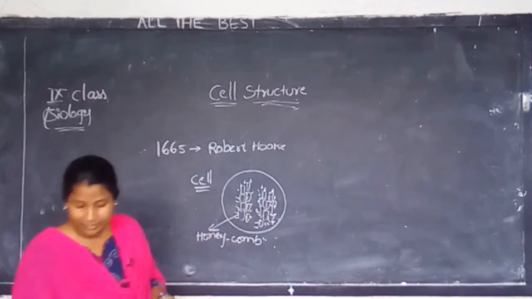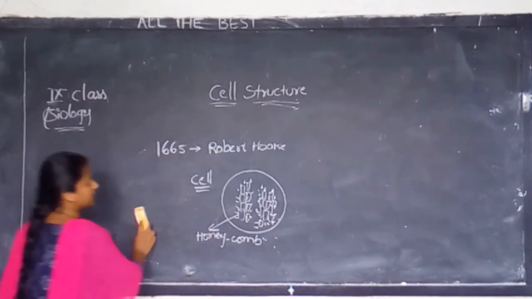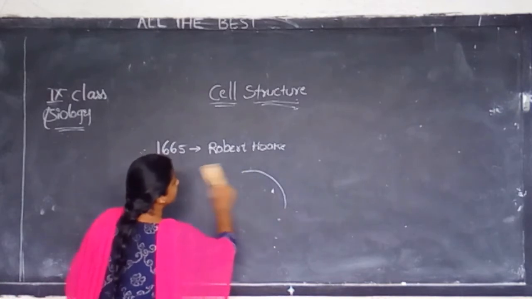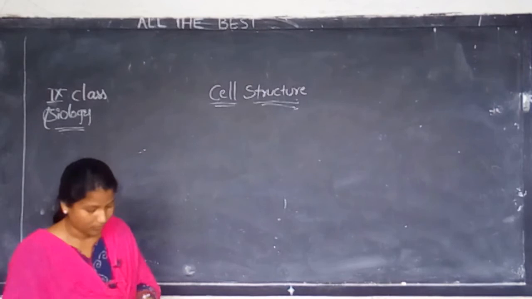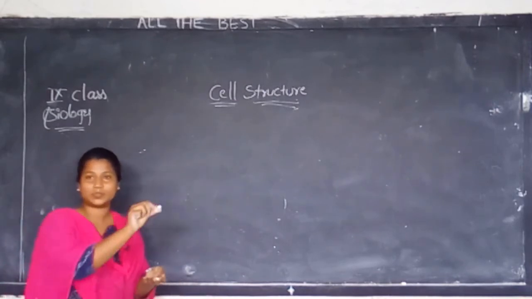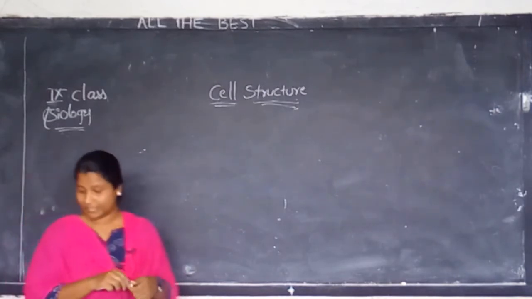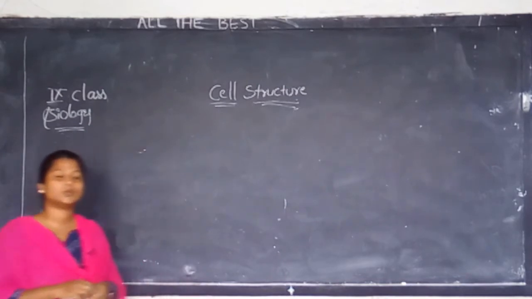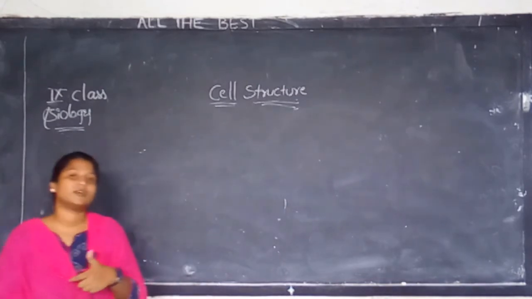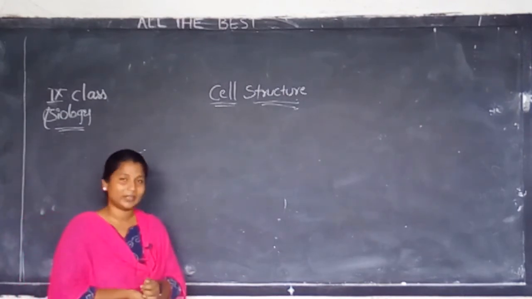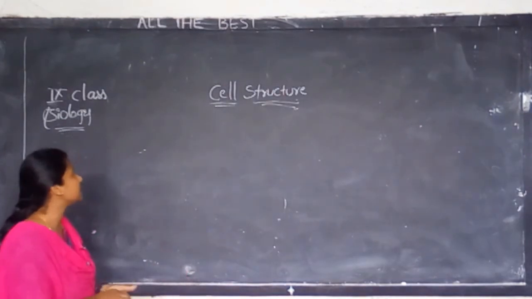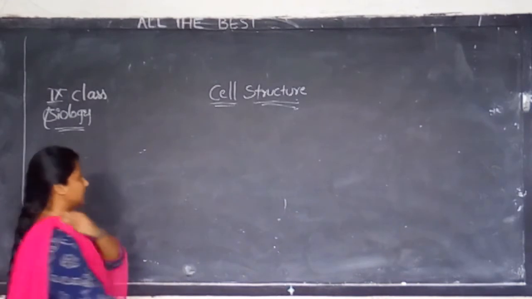Okay. After the invention of new scientific methods, what are those? Like microscopes, high resolution microscopes, electron microscopes. After the invention of all these microscopes, the contribution of scientists became very easy, right? So we'll see some contributions of scientists.